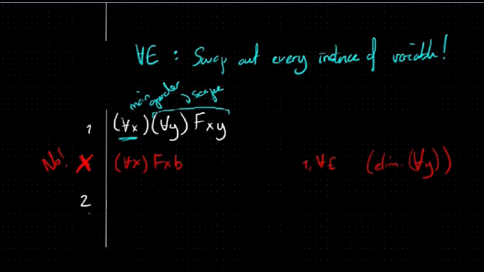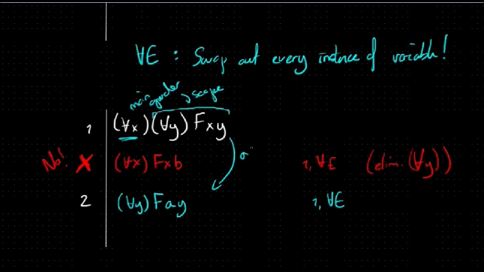So all we can do if we want to use a universal elimination is eliminate the AX because that's the main operator. So we could end up with AY F A Y. And so we'll swap out every X that appears and replace it with an A. That's what we've done here.